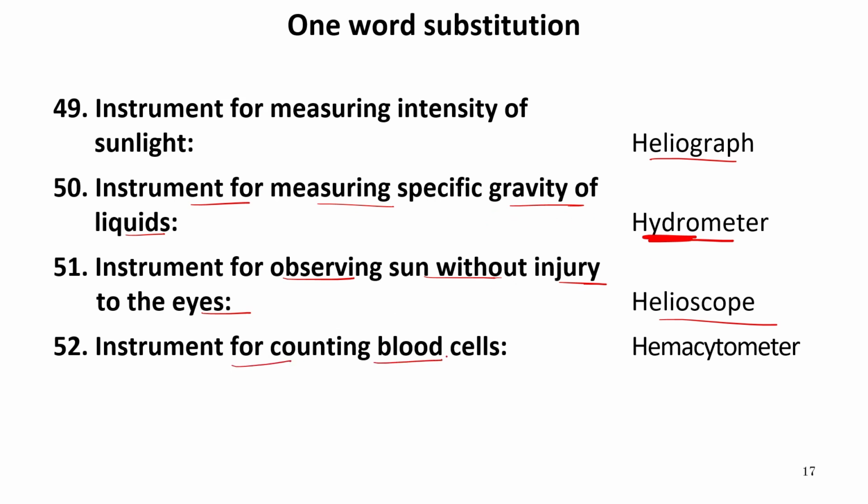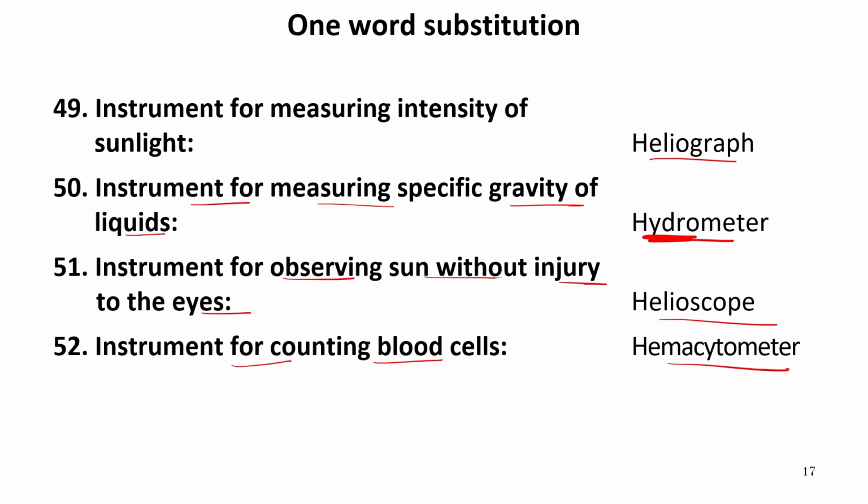Instrument for counting blood cells. This is known as hemocytometer. Now, you must have heard a word that is hemoglobin. So for the word blood, we basically use a root word that is hemato. So hemocytometer is basically an instrument used to count blood cells in a human body.